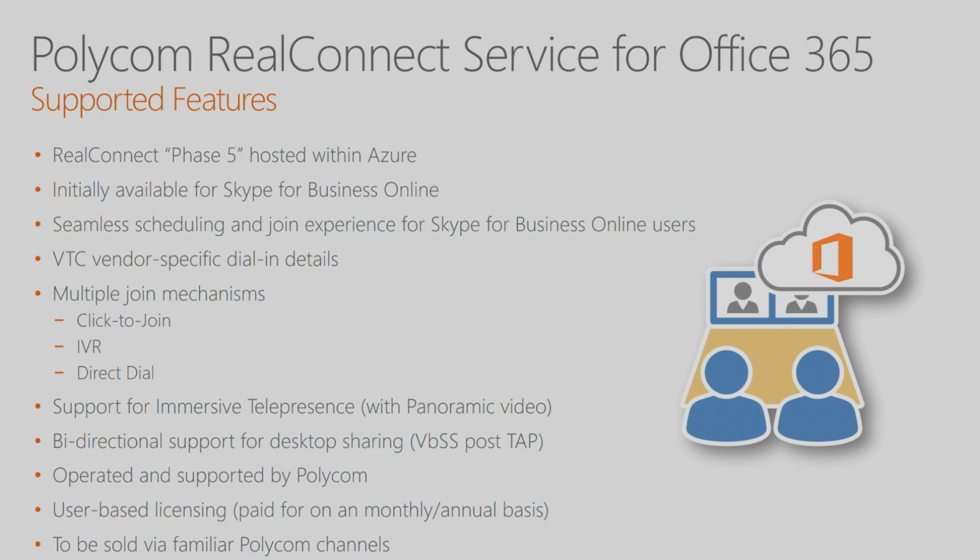So all up, what are all the features that we're looking to have at launch? I think we've covered a lot of this, but we'll go into some of these in a little bit more detail. In the first item, we talk about Real Connect features that are hosted in Azure.